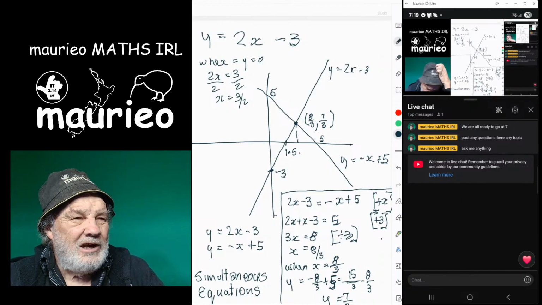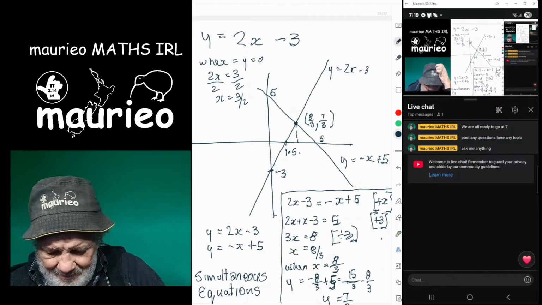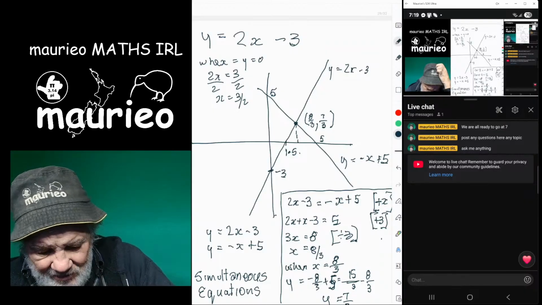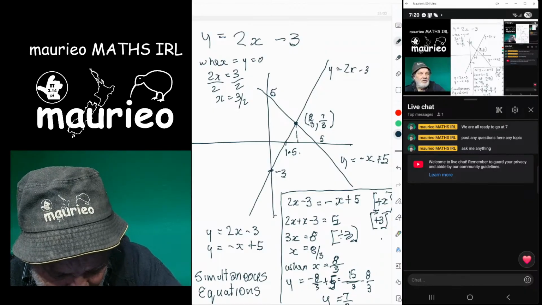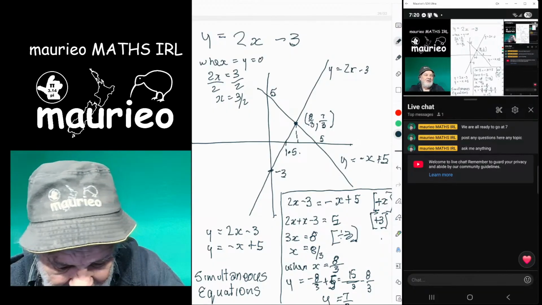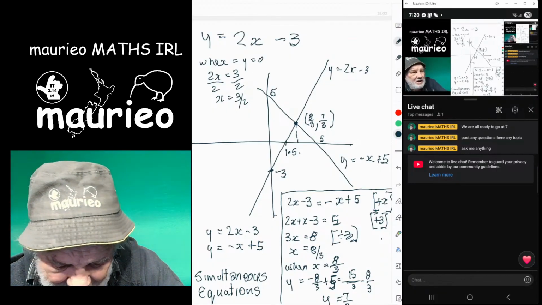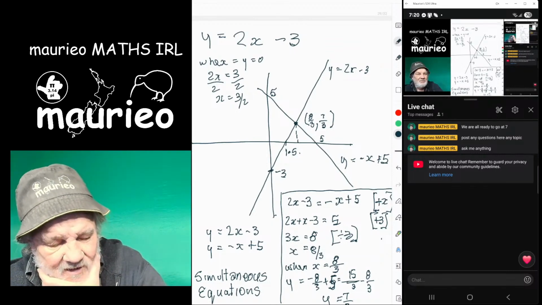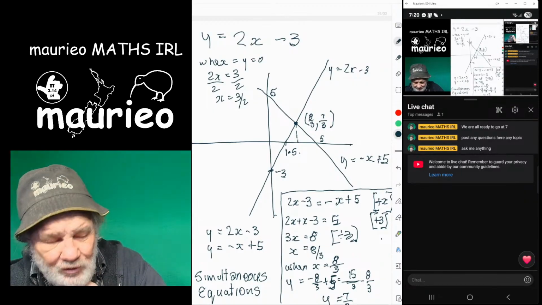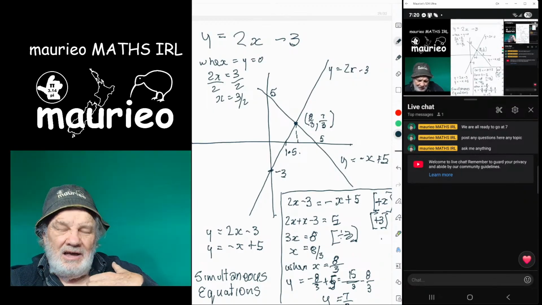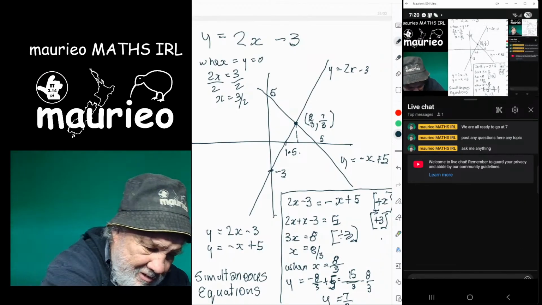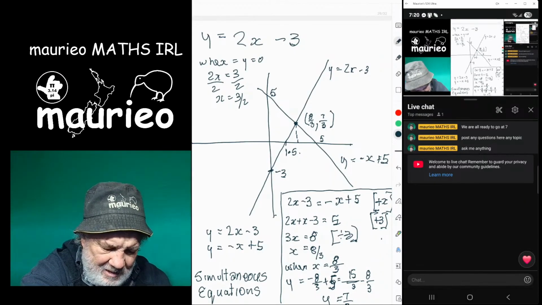And there's various methods for solving these. And this one that we've used here is sort of, I guess, substitution. Sort of.